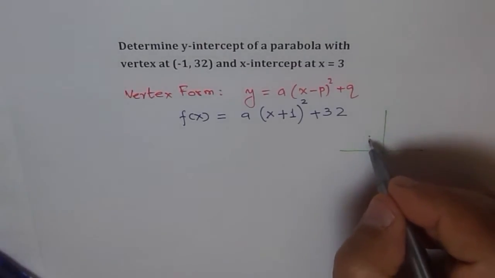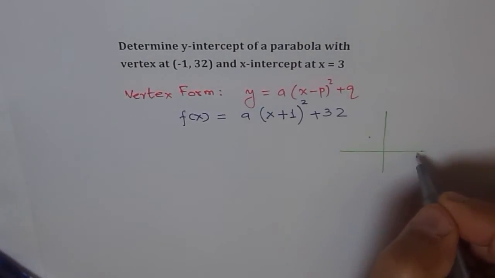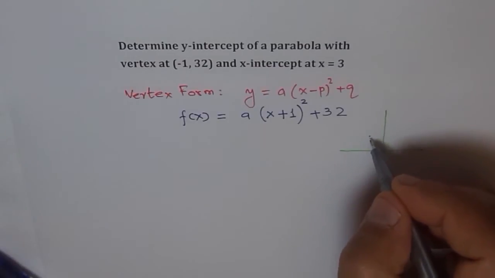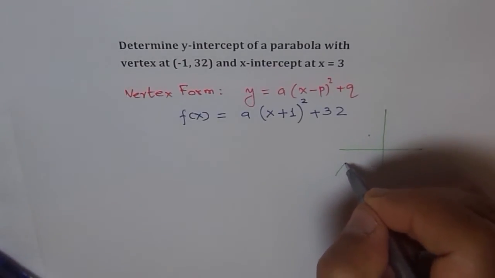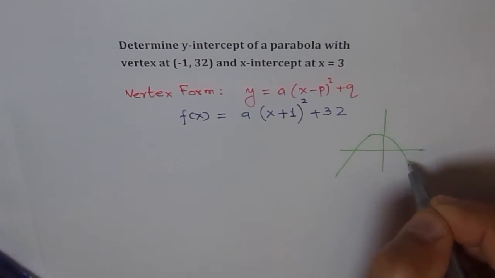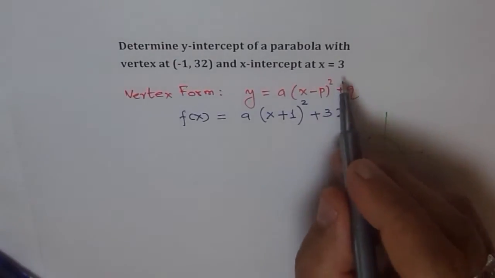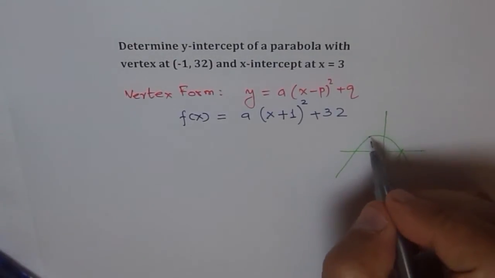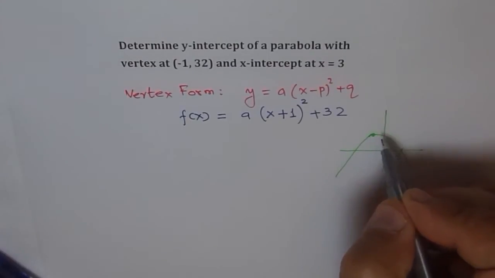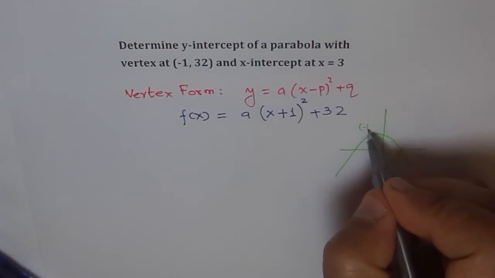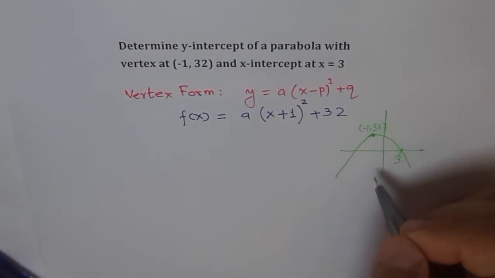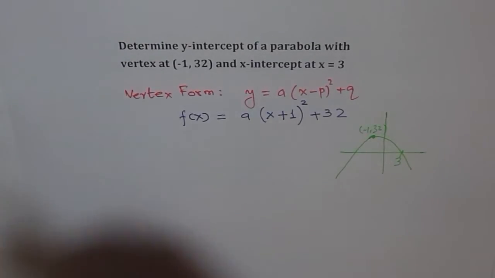So the parabola, I've drawn it too far away, but you'll understand it's kind of like this, where this is the x-intercept 3, right? And that point which we have here is (-1, 32). So that's the kind of parabola which we are working on.